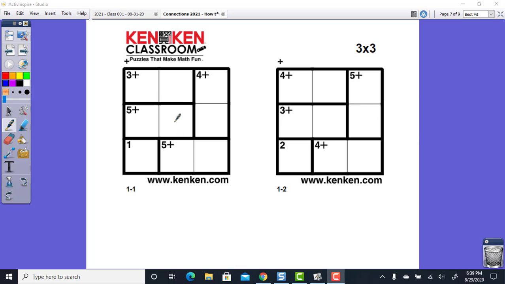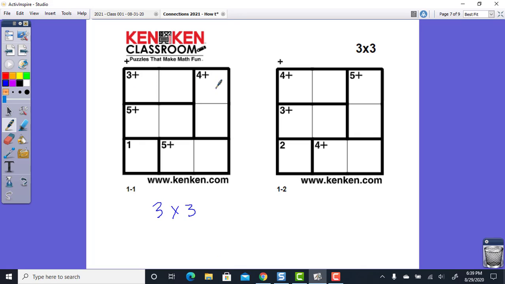Here we have two different KenKen puzzles. And let me explain a little bit about what you're looking at. Well, KenKen puzzles are always squares, and this one is 3x3. Now, because we're using a 3x3, the only numbers we can use are 1, 2, or 3 for any answers in our KenKen puzzle.